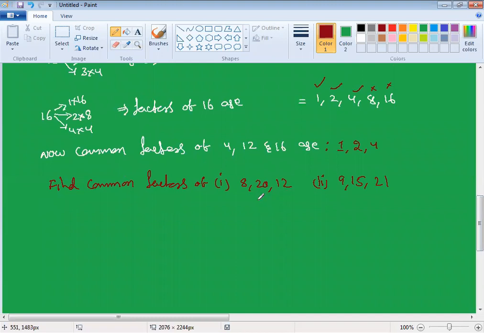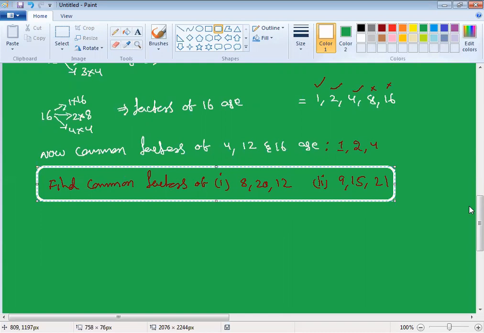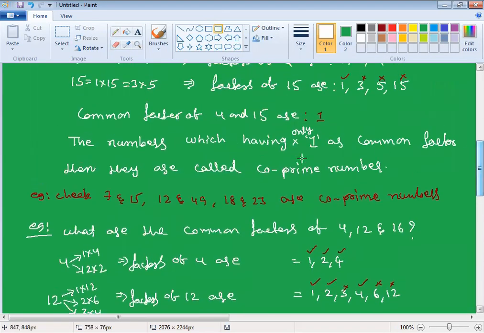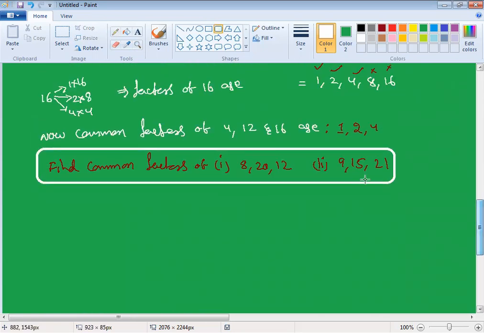Where I am writing with this red color, that is clearly considered as homework. I am giving a box also. So this is about factors, common factors of 2 numbers and common factors of 3 numbers.